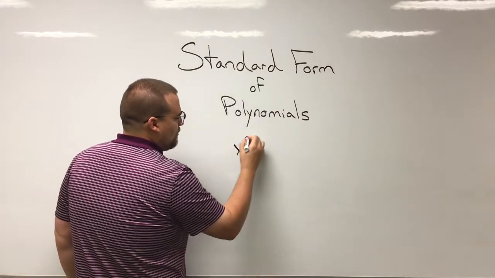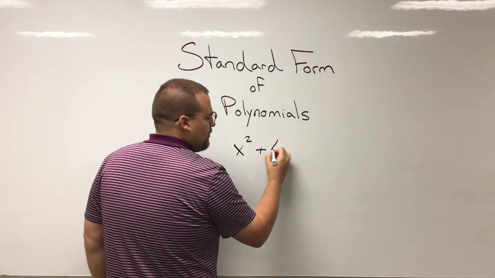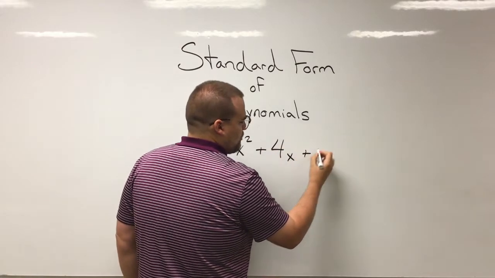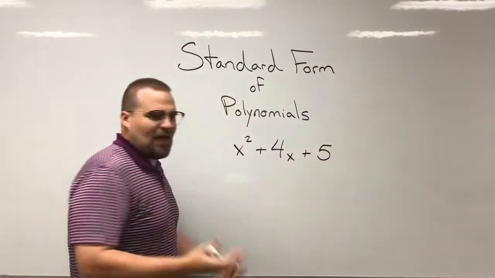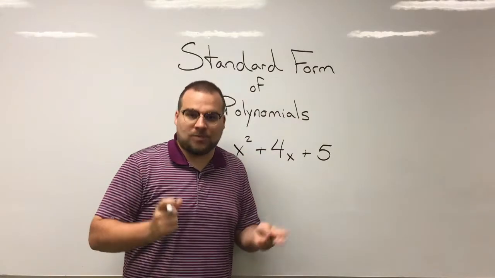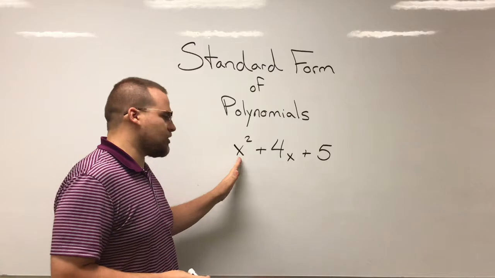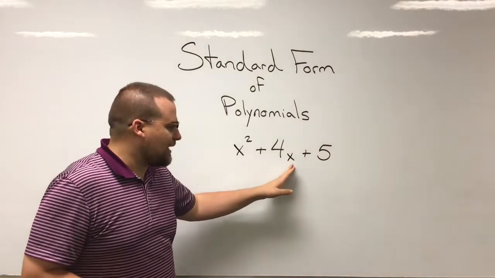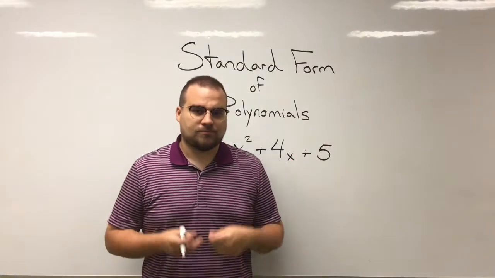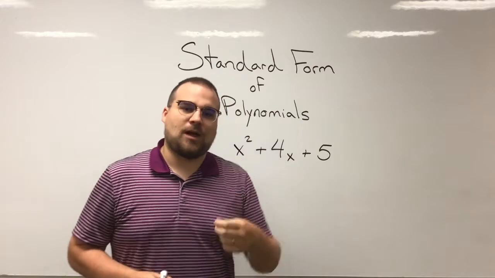X squared plus 4x plus 5. I'm making up the numbers, but you're very likely getting something that starts with an x squared, has an x, and then has a whole number. This is a polynomial.